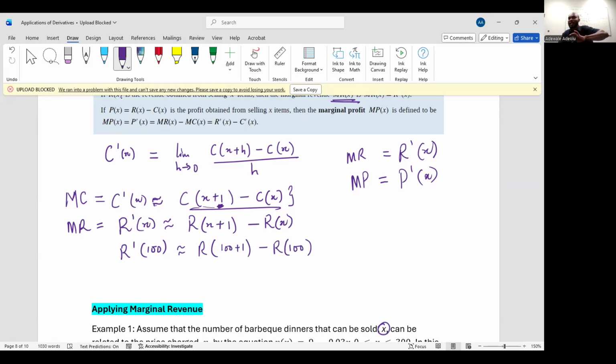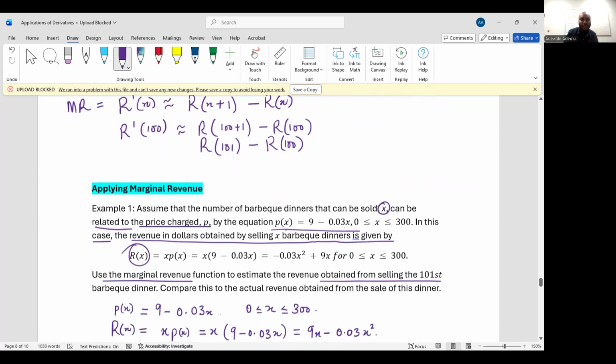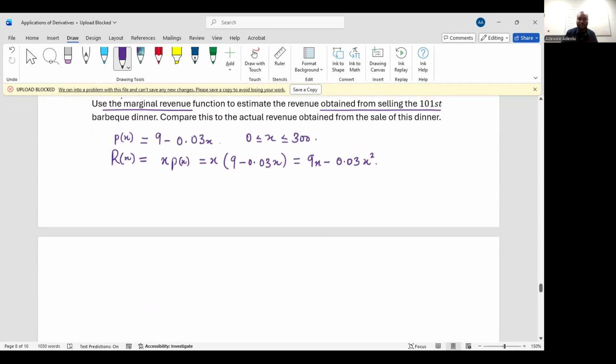If you don't want to use calculus, you only need, okay, what is the revenue generated for 101? That is revenue generated for 101 items minus revenue generated for 100. You subtract, you have the revenue for the 101st item. I hope that makes sense. So calculus can help us to figure that out.